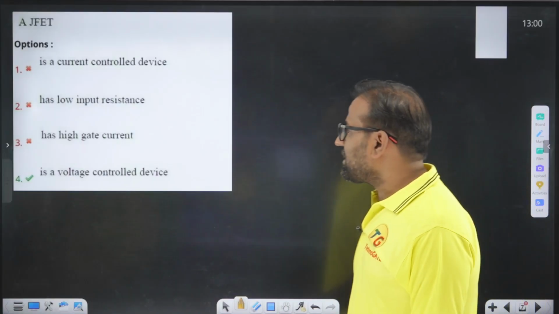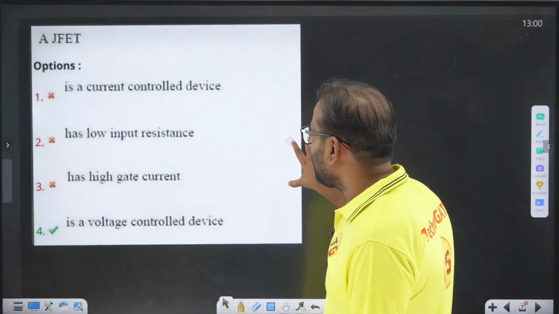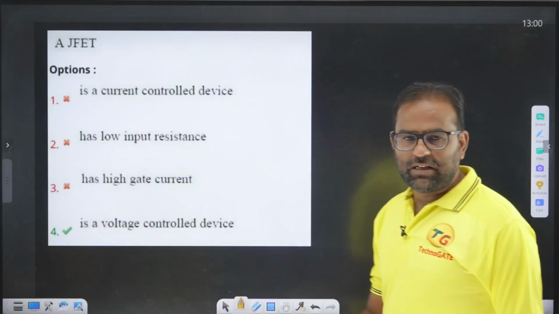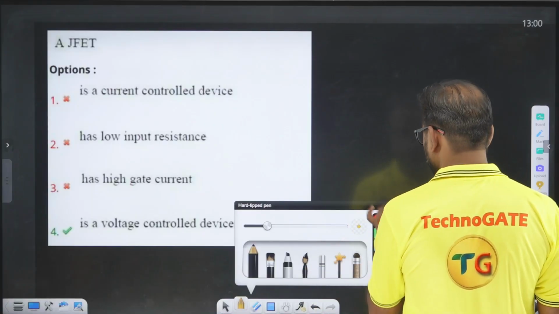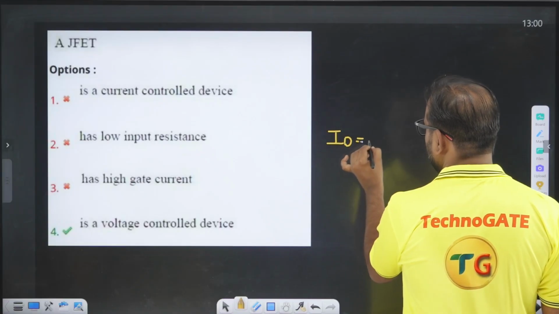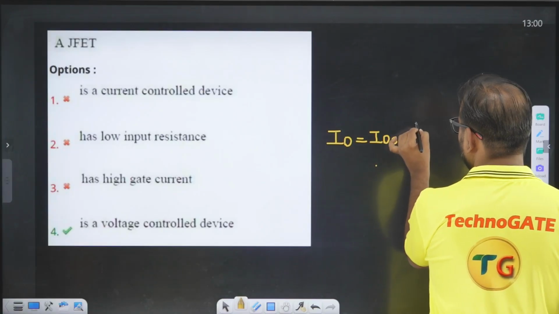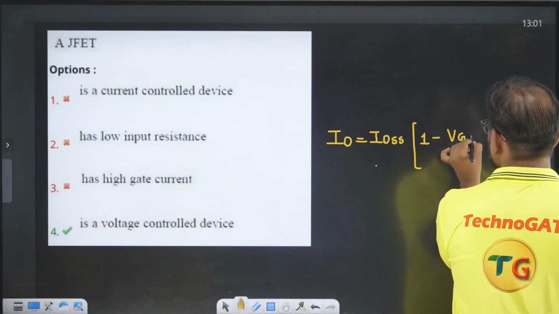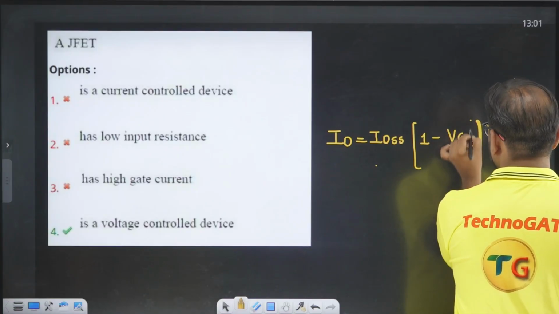Okay, next is related to the JFET, an outdated transistor, but let's say, what is JFET? Which type of device is it? So always remember, for a JFET, junction field effect transistor, ID is given by IDSS times (1 minus VGS over VP) whole square.